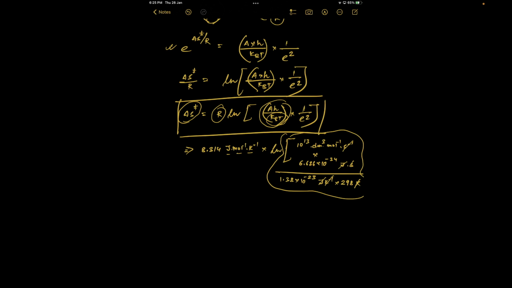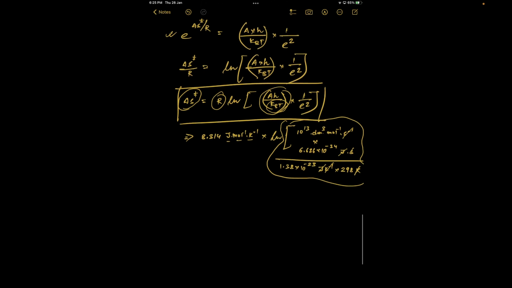You can just solve it and let me know. So how is decimeter cube per mole cancelled? It is actually in the standard condition. In the question, C0 is given as 1 mole dm minus cube.